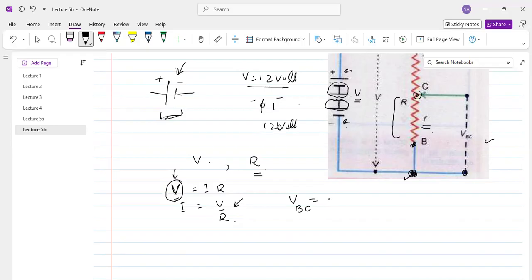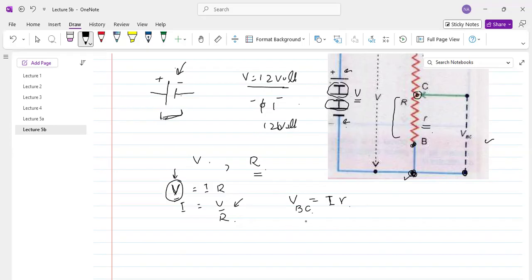Then this potential is equal to the current flowing through that part of the wire and the resistance of the wire between points B and C.